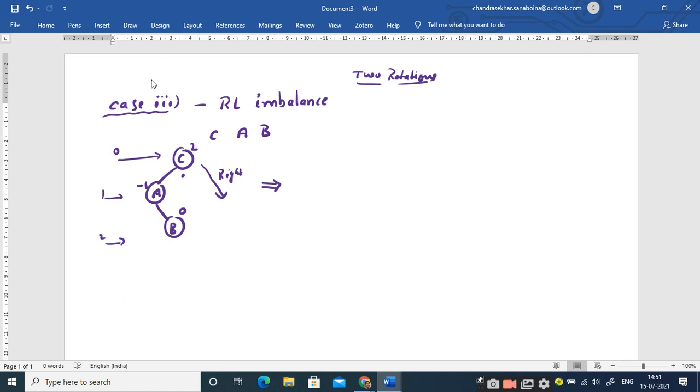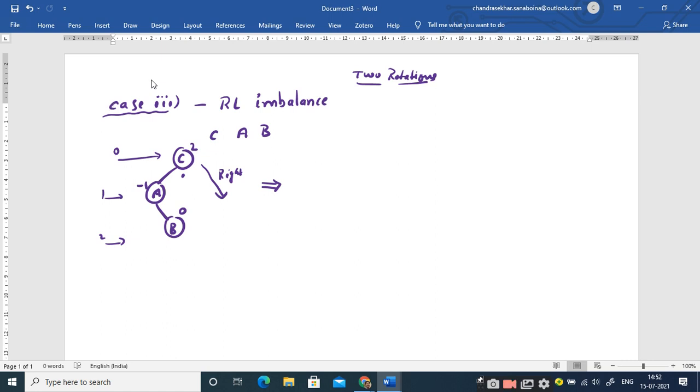The first rotation is at level 1, that means A and B. Don't get confused. Consider this A and B. To which side does it have the slope? Towards right hand side or left hand side? Towards right hand side.